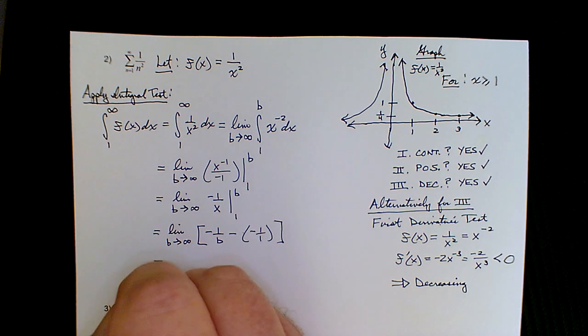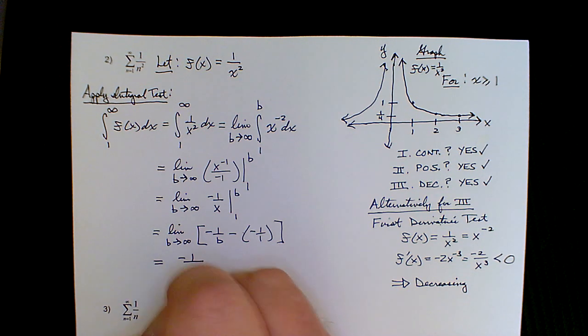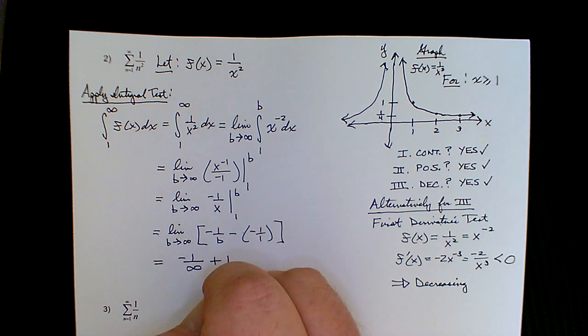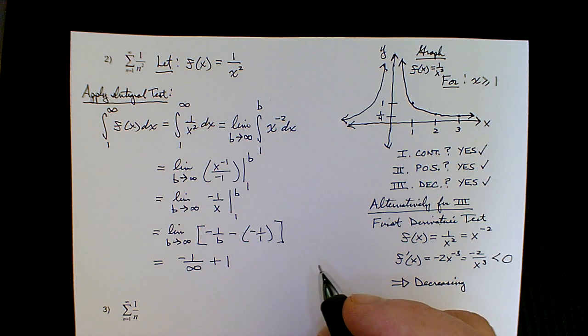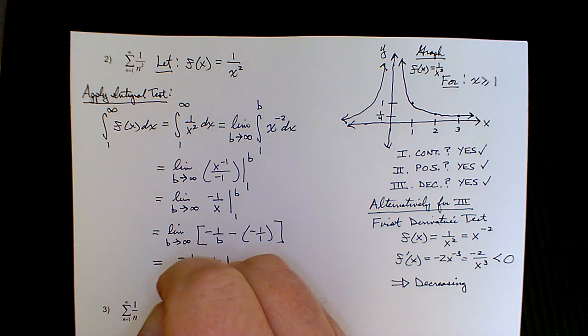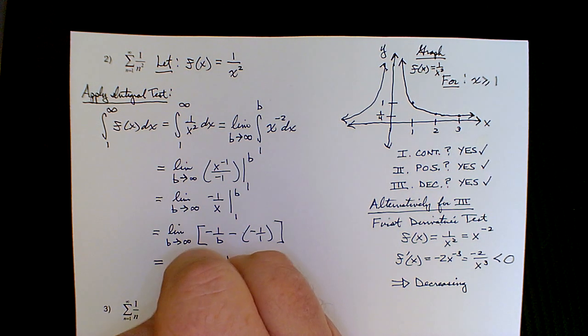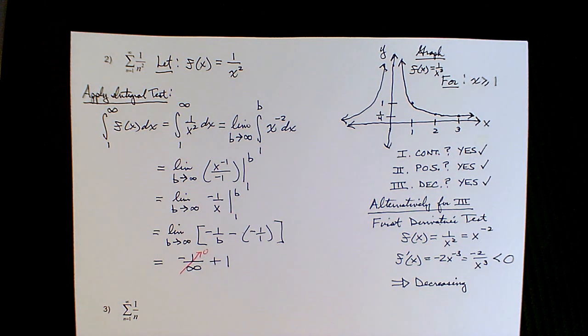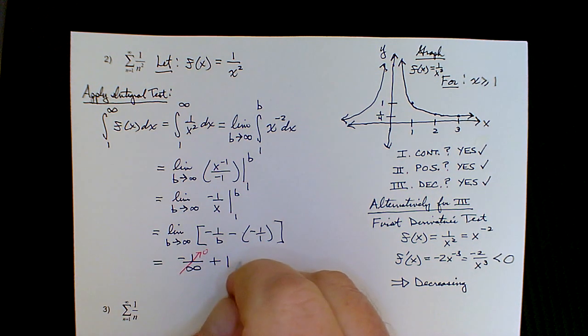Or if you want to substitute in infinity for b, we have plus 1 here. And then you realize negative 1 over infinity does tend towards 0, because you take any number divided by a really, really big number, you get a really, really small number. And so this gives us 1.